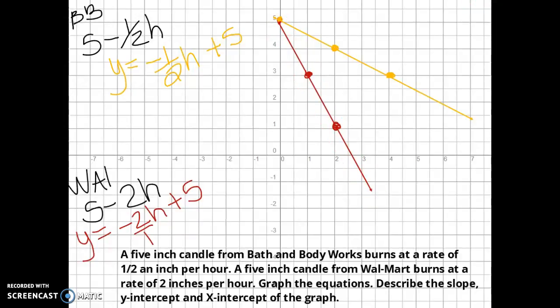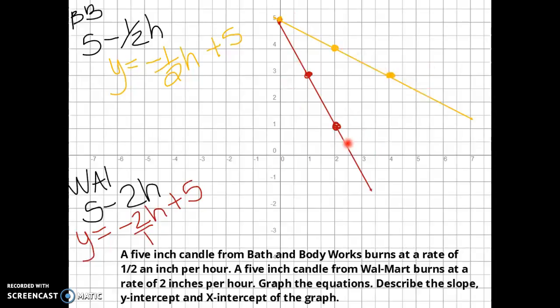Okay, now that I have graphed my equations, I can describe the slope. First of all, I know the slopes are a negative correlation because they are going down. Here's my right hand, here's my left side. They are pointing down on the right side. I can also say that the slopes are not the same because if the slopes were the same, they would be parallel.